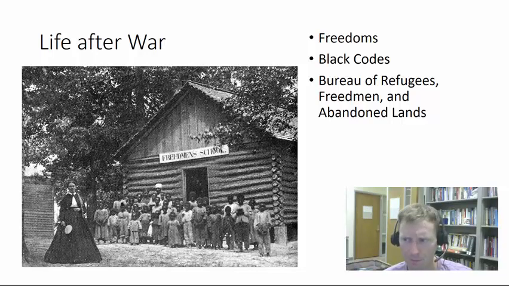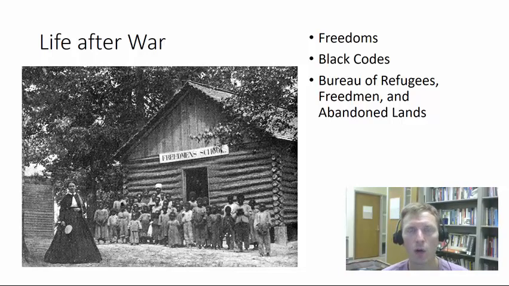And all these new rights, new freedoms, caused a great deal of concern for Southern whites who, in many counties, passed what are known as black codes. These are basically laws for African Americans who are no longer slaves, but these black codes would say things like, you can't buy property in this town, or you can't be here after sundown, or you can't meet at different times.